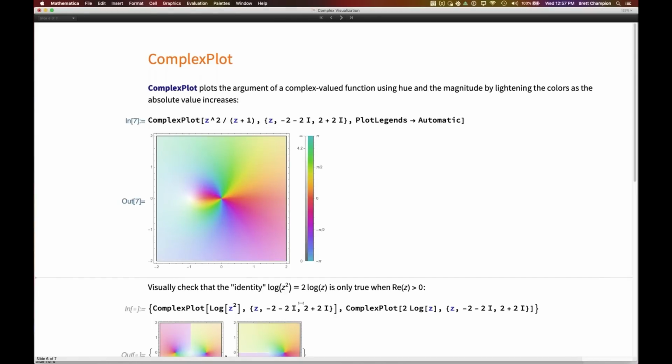And in this case, we also have a secondary gradient going on, which is full saturation of the colors at 0, when the absolute value is 0, and then it lightens up and fades out as it increases to infinity. And so you get a pretty picture.